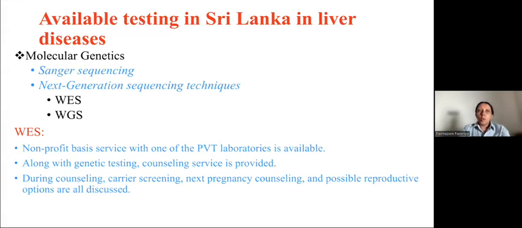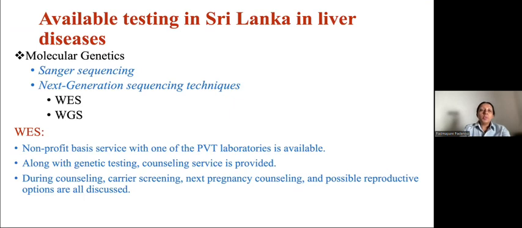Along with the genetic report, we do a multidisciplinary counseling, including genetic counseling, and we discuss carrier screening, the next pregnancy counseling, possible reproductive options and their management. Everything will be discussed.